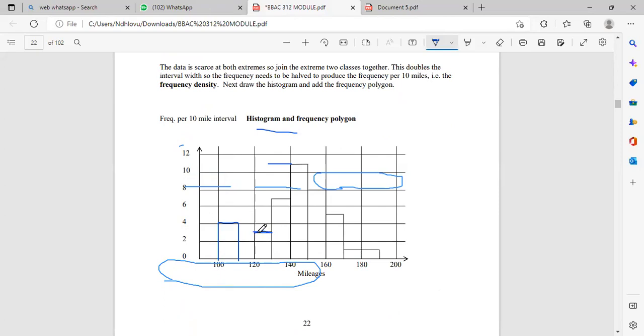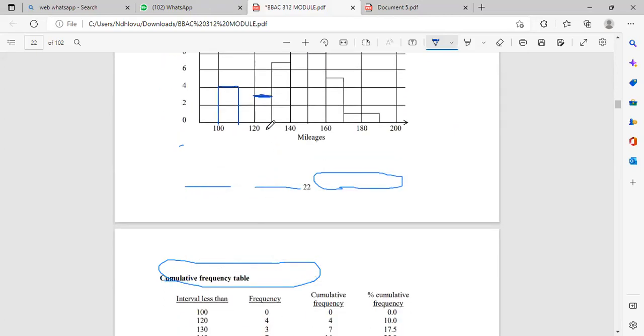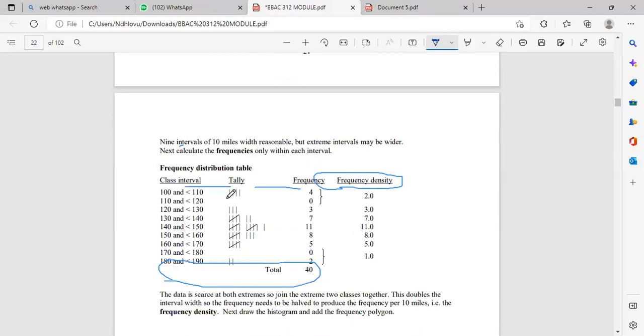Please take note of how the histogram is obtained. So here, just a 3. This is putting 130 at this point. A histogram is drawn in such a way that it has no spaces in between. If you have any space, like the one between 110 and 120, it's a new one there.